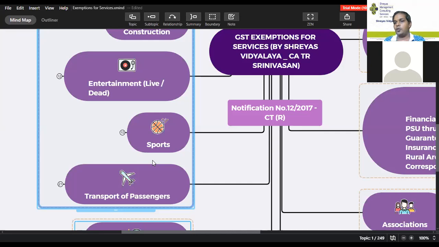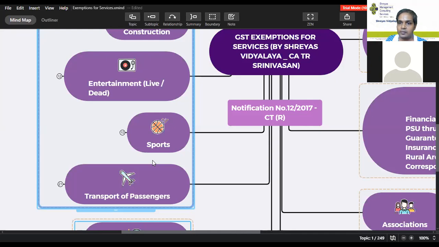There are two people involved: one is the person who is playing the sport, and second is the person who is arranging the sport. For example, the player is a cricketer, and the person arranging is the Cricket Control Board of India, BCCI. Olympics is playing the sport, and the Olympic Association is arranging the sport.